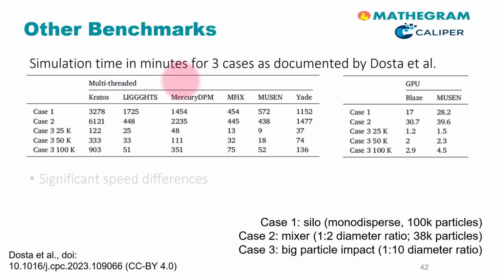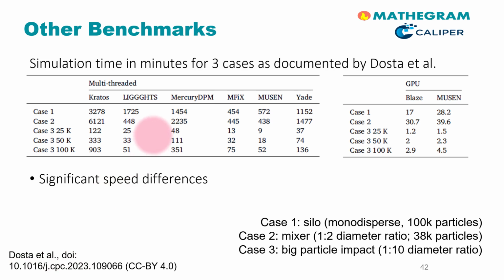Anyhow, GPUs offer an excellent performance in a compact desktop system, which is what engineers in practice are often looking for. Also, we see significant speed differences between individual codes, which has several reasons as nicely discussed by Dosta et al.